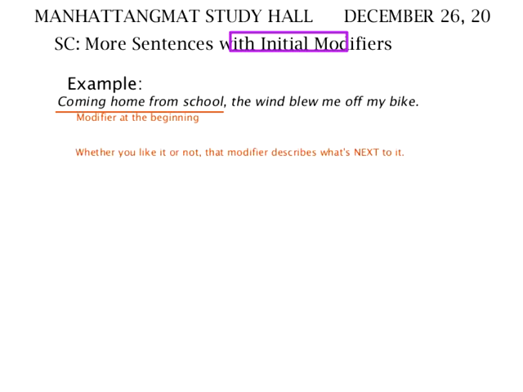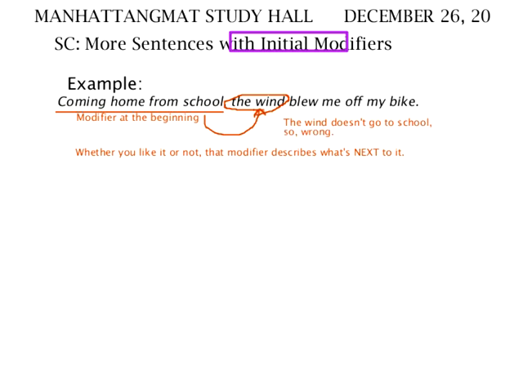The obvious intended meaning of this sentence is that I was on my way home from school when the wind knocked me off my bike. But unfortunately, according to this sentence, the wind was the thing that was coming home from school. So it doesn't make any sense. Does the wind go to school? No, it doesn't. So wrong.